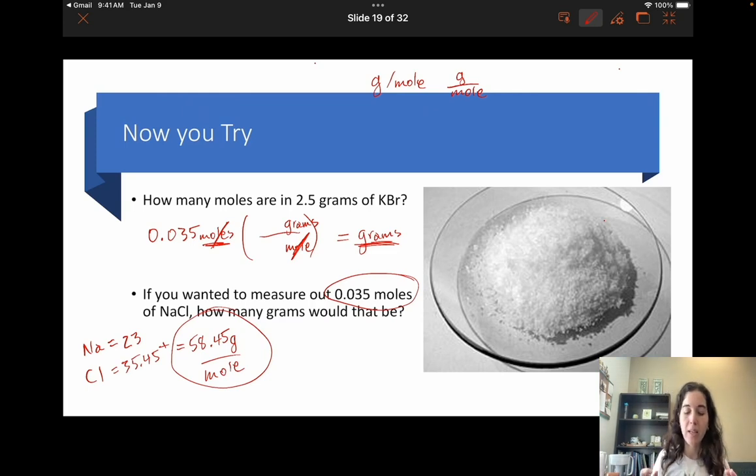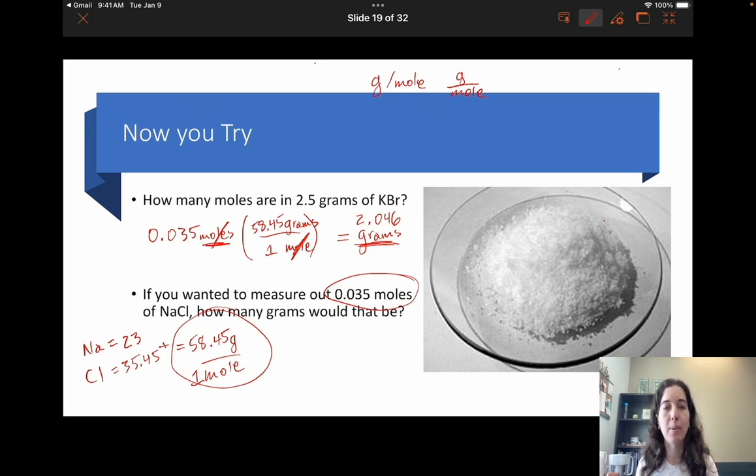So remember that any mass from the periodic table is a certain number of grams per 1 mole. So the 1 belongs to the mole and the number belongs to the grams. That means if you wanted to measure out 0.035 moles of NaCl, then we're going to need to measure out 2.046 grams on a balance.